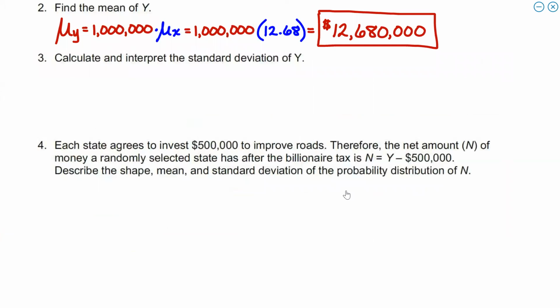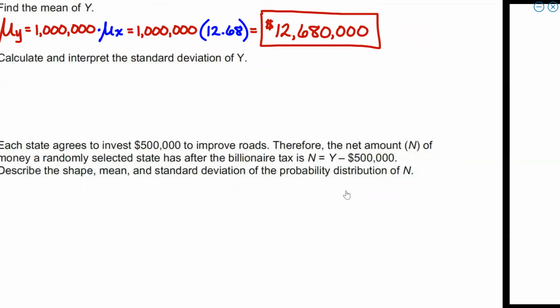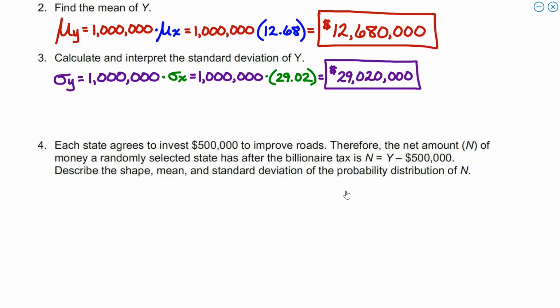What about our standard deviation? What would we do for the standard deviation here? Multiply it by 1 million. So 29,020,000. What does that mean?